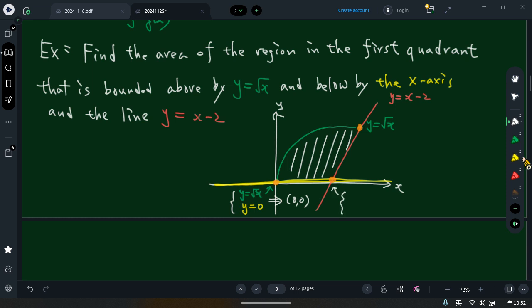This point will be based on y is equal to 0 and y is equal to x minus 2, the intersection of this line and this line. So through this, you can get the point 2, 0, right?